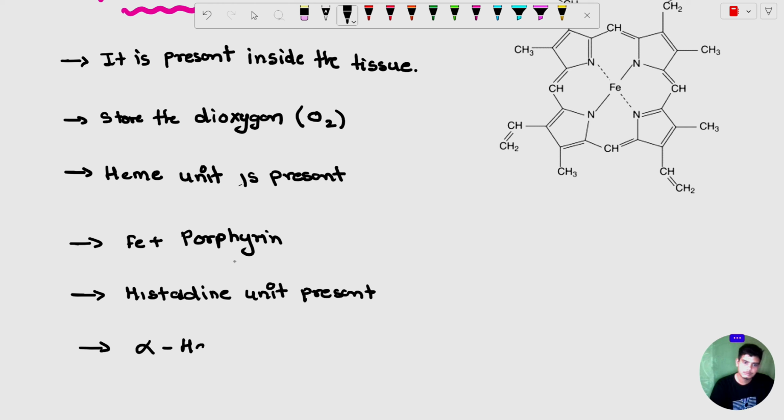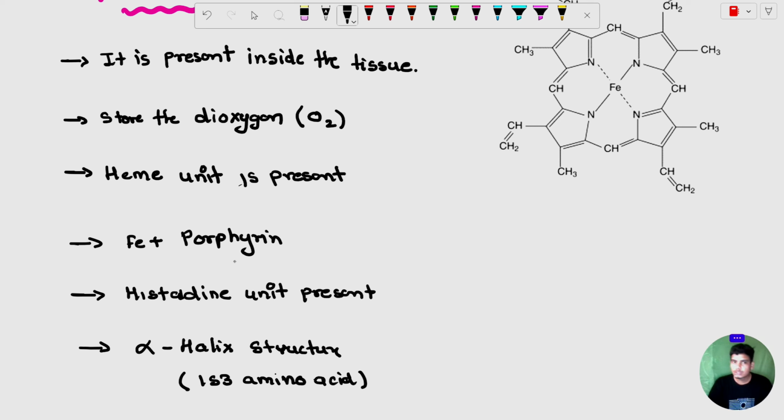In the alpha helix structure there are 153 amino acids present. Amino acids are converted into protein; they form protein by forming a chain. There are 153 amino acids present in the alpha helix structure.